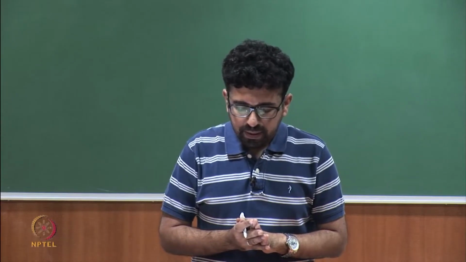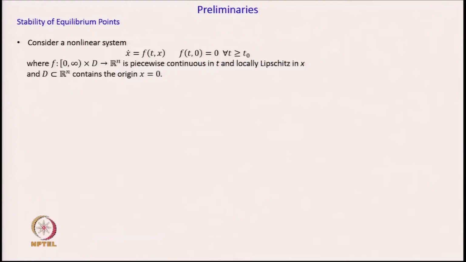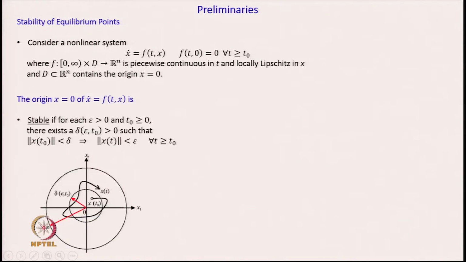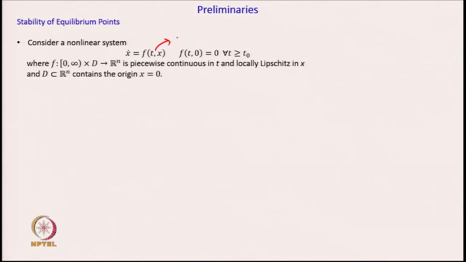So, let us consider a nonlinear system x dot equals f of t comma x, where f of t comma 0 is equal to 0 for all time greater than or equal to t naught. Here, as you can see, this function f is an explicit function of time, and so this is an example of a non-autonomous system.